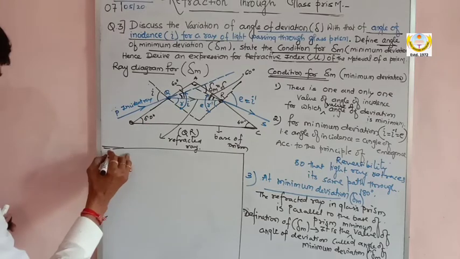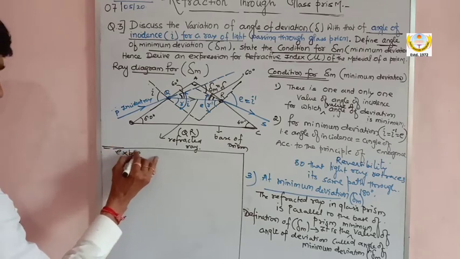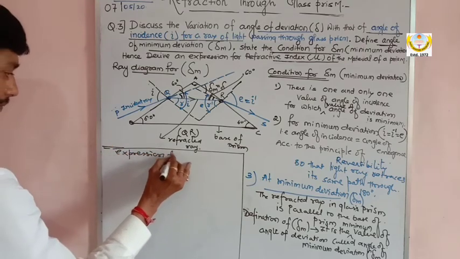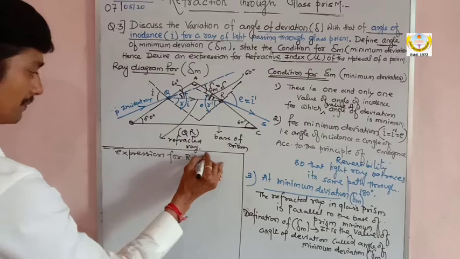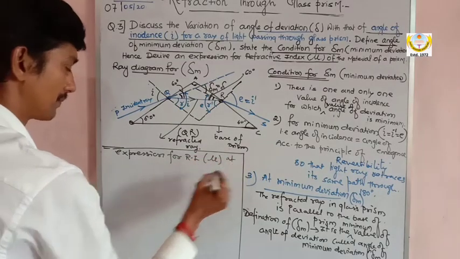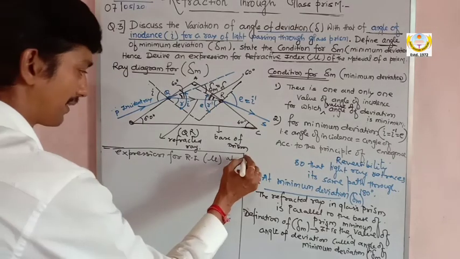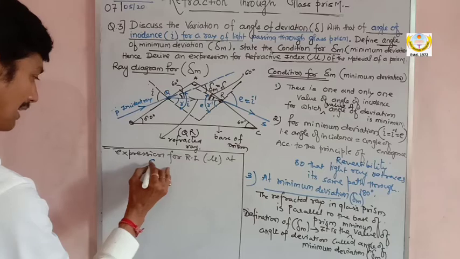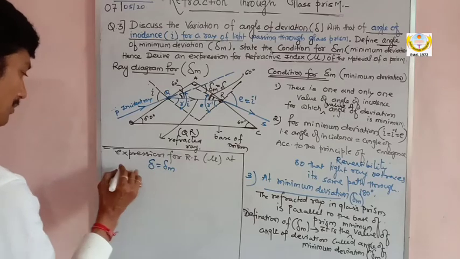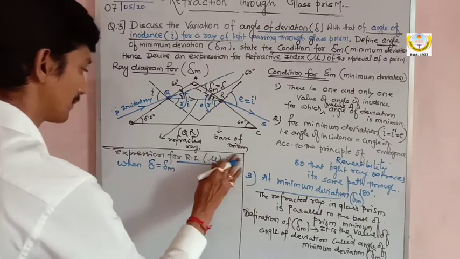Here I am writing the expression for refractive index, that is mu, at delta equal to delta m.